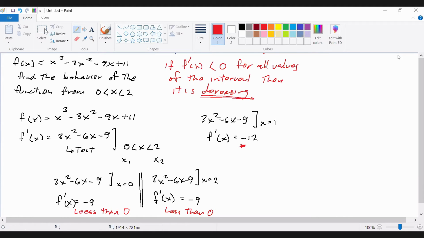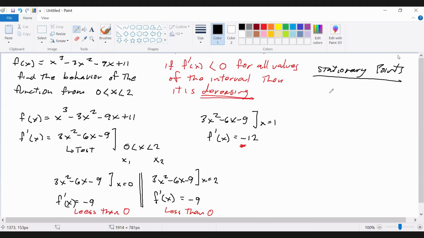The next lesson that we're going to have is called stationary points. Stationary points are found in a graph.